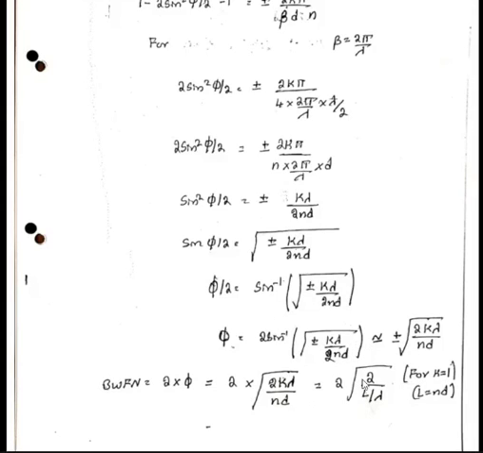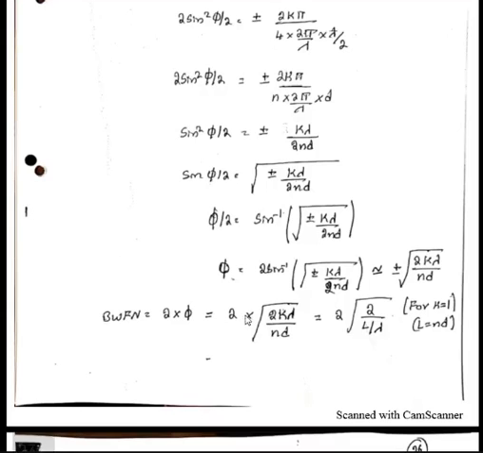Now you can consider sine inverse of something as approximately the value itself. So phi is approximately plus or minus 2 into the root of k pi divided by N into d. You know the formula of beamwidth between first nulls: 2 into the angle between the first null and the maximum direction, which is nothing but 2 into root of 2k lambda divided by N into d.